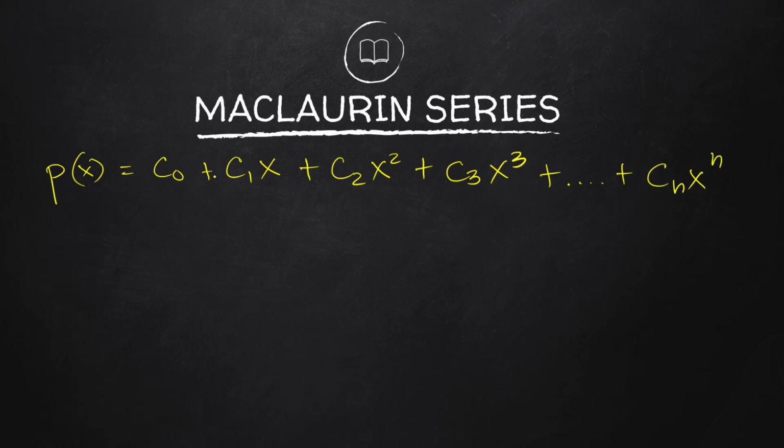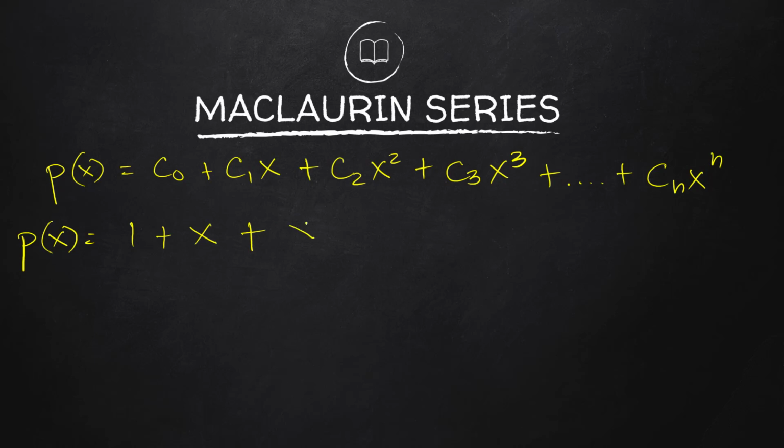Now we know the value of your constants, we can substitute it to the approximating function p of x. Your p of x here is equal to 1 plus your c sub 1 is equal to 1 multiplied by x is equal to x plus c sub 2 is 1 over 2 factorial multiplied by x squared.